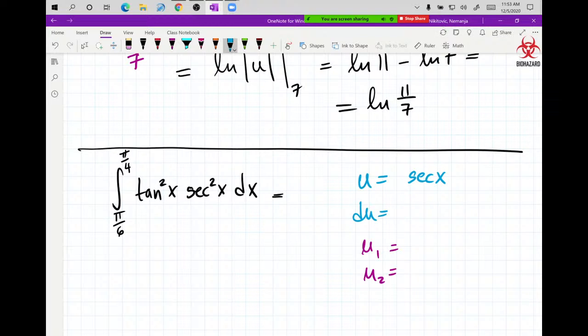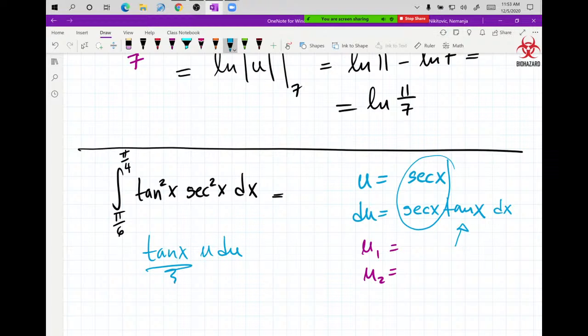Secant x, and then the du, derivative of secant, is secant x tangent x dx. Now, when you do the substitution, you see how you have two secants, but there is only one tangent, right? So you would peel off one secant, and then you would still have one tangent floating around. And that's a problem.